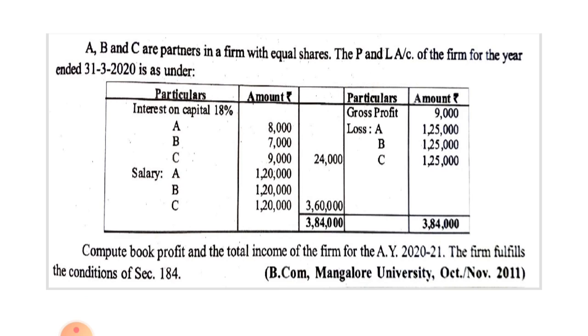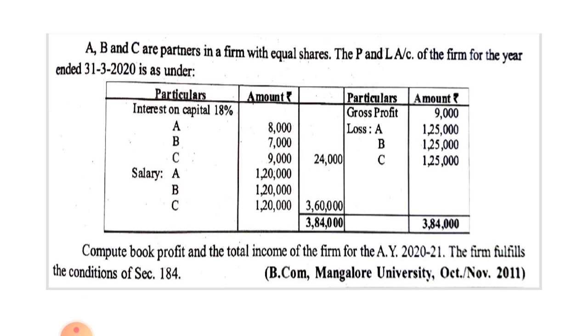Salary of partners A, B, C 1,20,000 each. When you deduct these three partners' interest on capital and salary from gross profit, you get net loss of 1,25,000 each. That means net loss of 3,75,000 of the firm.